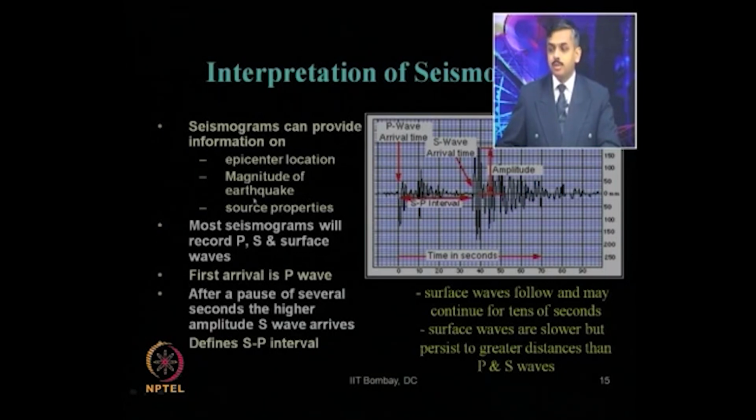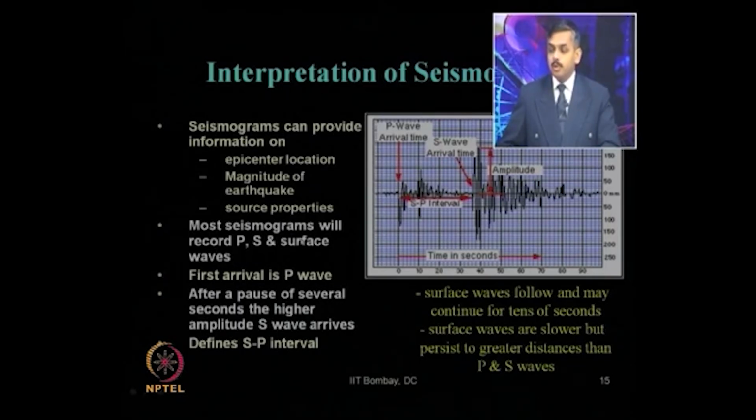So, the magnitude of an earthquake can also be obtained using this seismogram. Also, the source properties, depending on the time difference between the arrivals, that is how much time it is taking, based on the layer or material through which it is propagating.